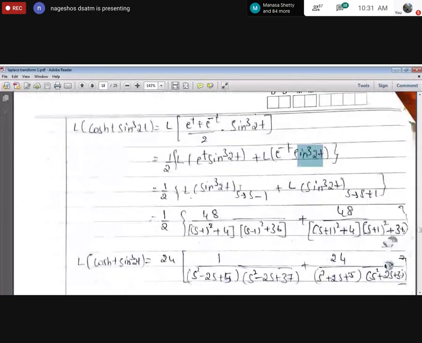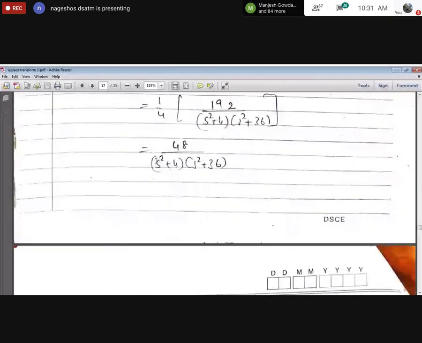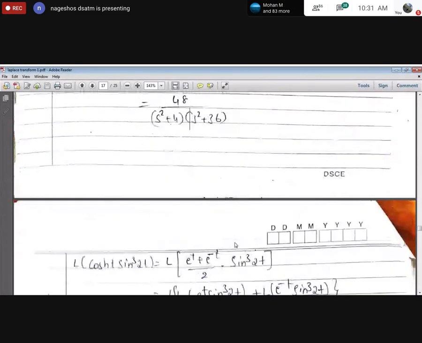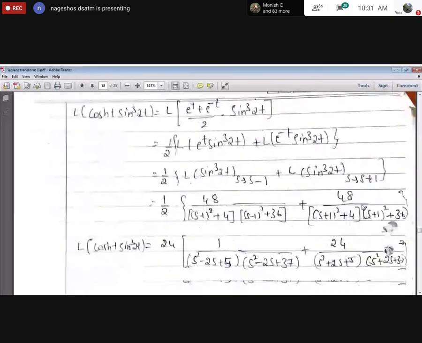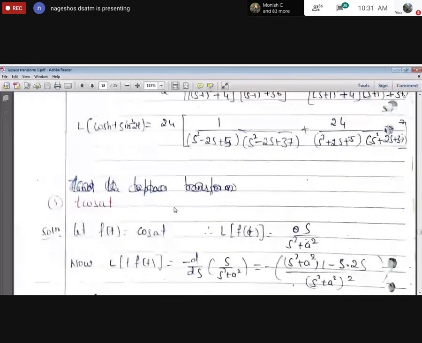So for the Laplace transform of sin cube 2t, write that answer. Wherever s is there, write s minus 1 here. Wherever s is there, write s plus 1 in this. Okay, this is the Laplace transform of sin cube 2t. So write s minus 1 for the first term and s plus 1 for the second term. Okay, this is the answer. Understood?